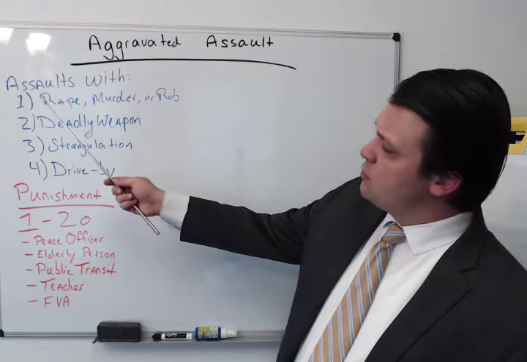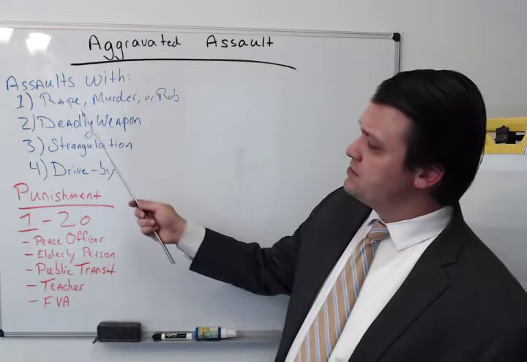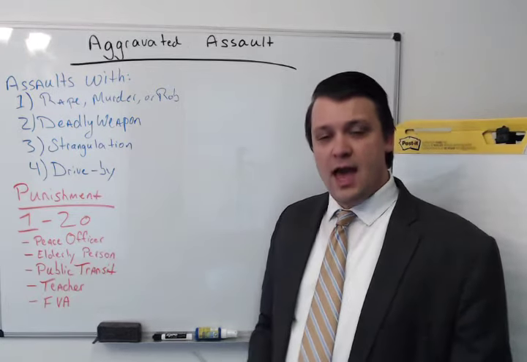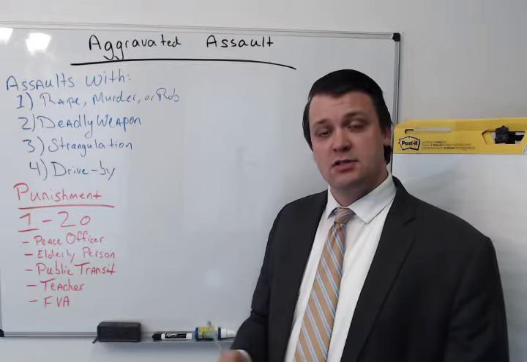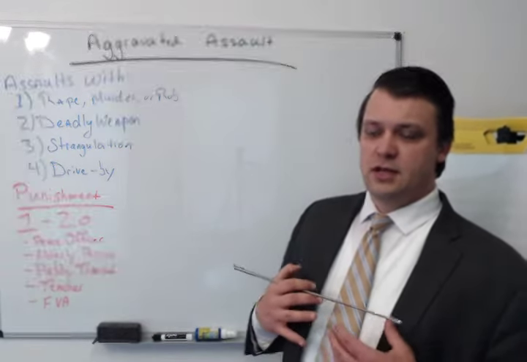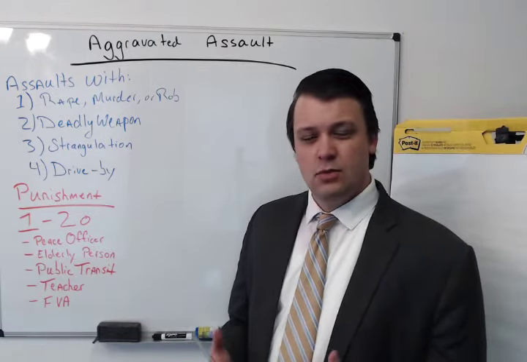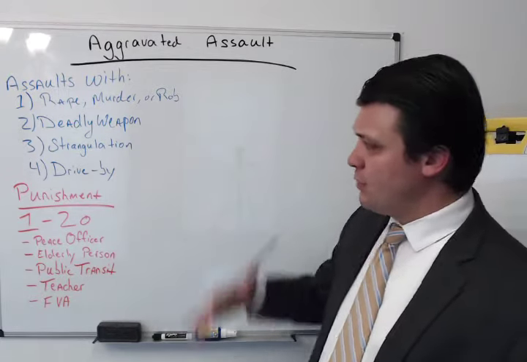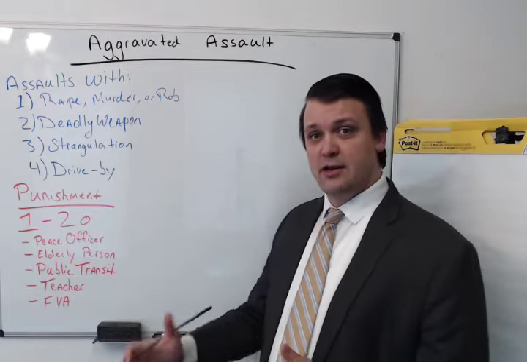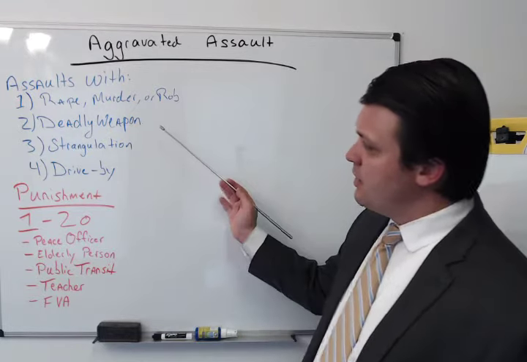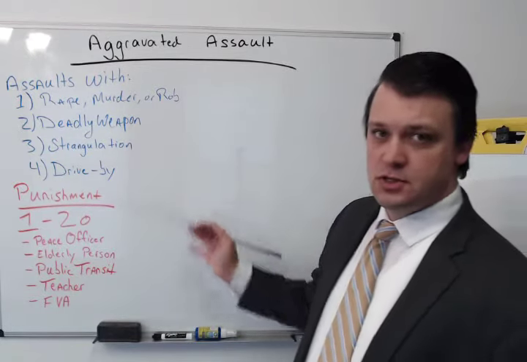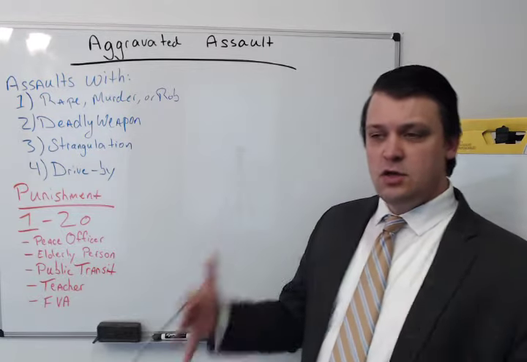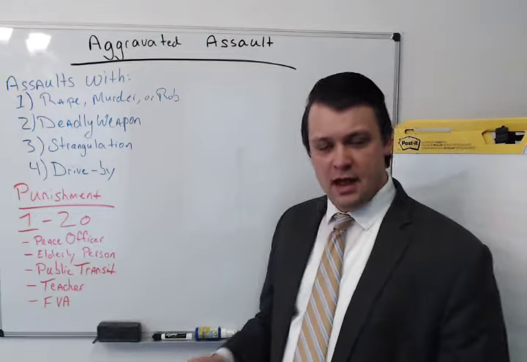If someone commits an assault with the intention to rape, murder, or rob the victim, then that can be an aggravated assault. So if there's any type of assault committed, but it's done with the purpose of perpetrating a rape, a murder, or a robbery, then that can be aggravated assault. Second, if there is a deadly weapon used during an assault, or some device or item or object that if used can cause serious bodily harm, death, something of that nature.